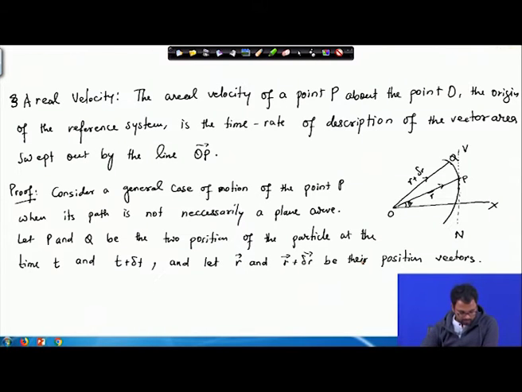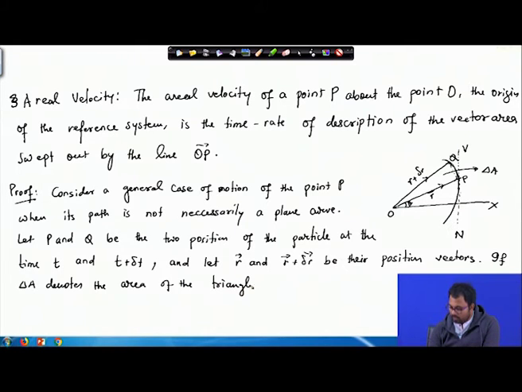Then if this whole area is delta A, let delta A denote the area of the triangle.